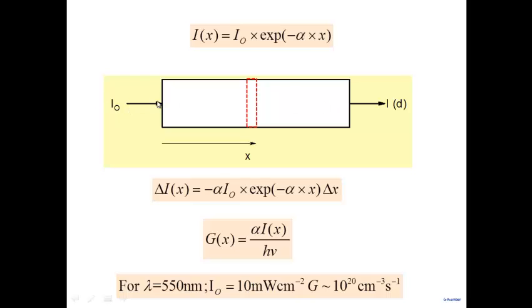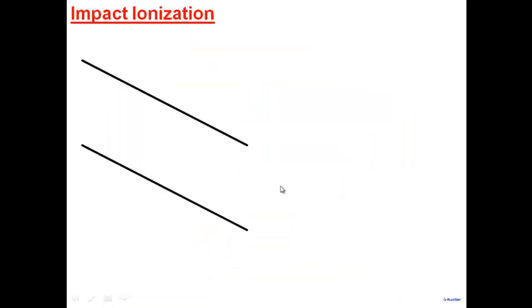If the light is incident from here, I'll have a lot more generation here. As I go deeper, my generation rate will vary. Okay, so generation rate is in general a function of x. I'm not going to have a uniform generation rate all over the device here. Why? Because of this kind of a nature here.